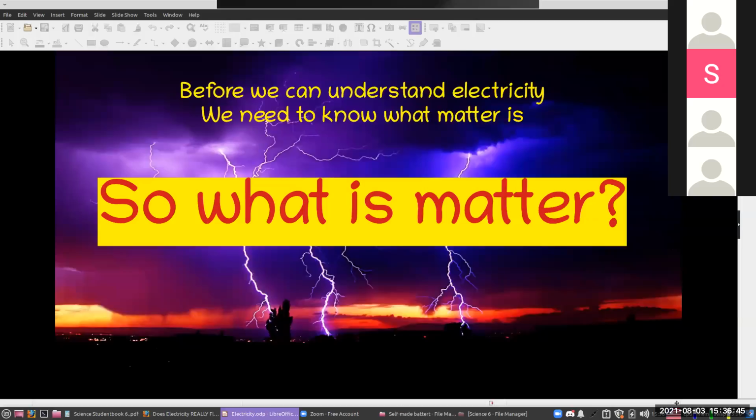So what is matter? Matter is everything around us you can touch or you can feel. Our air, electrons are also in the air. Everything around us, from wood, the wall, your house, your body, everything is matter.